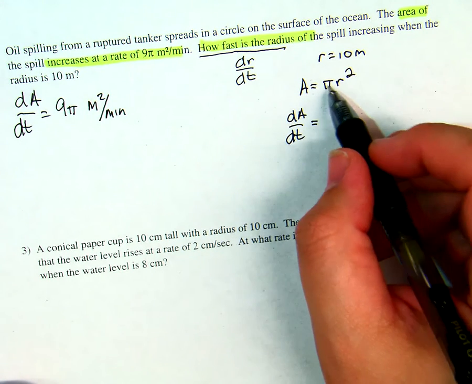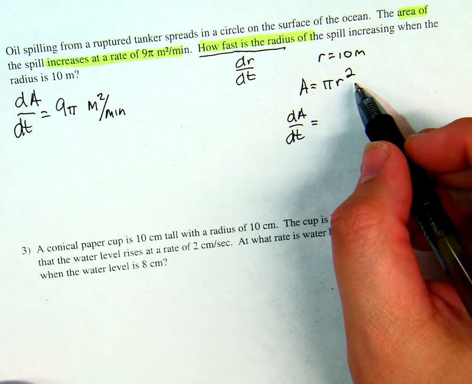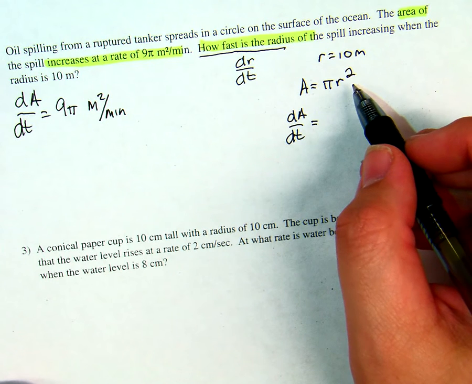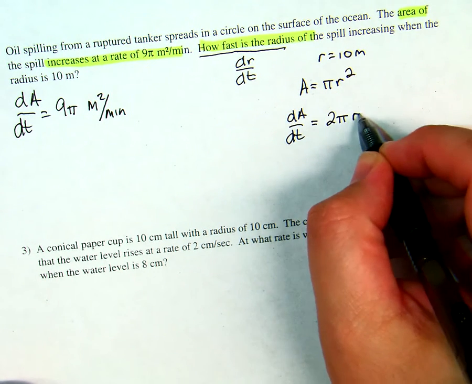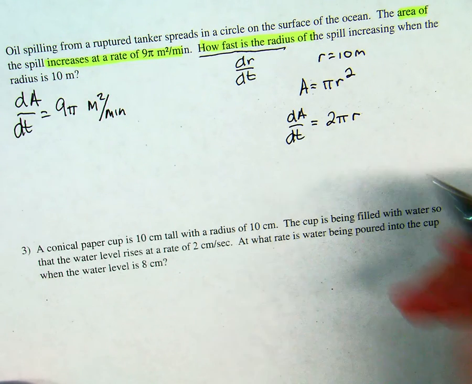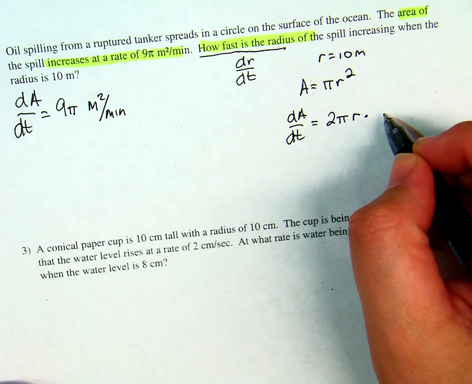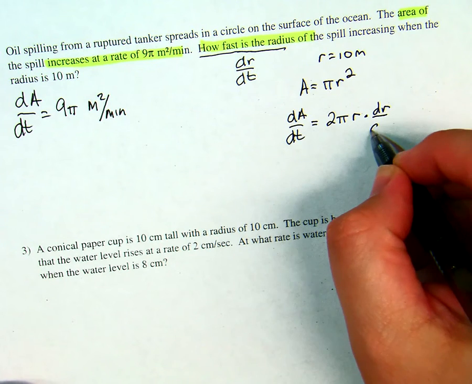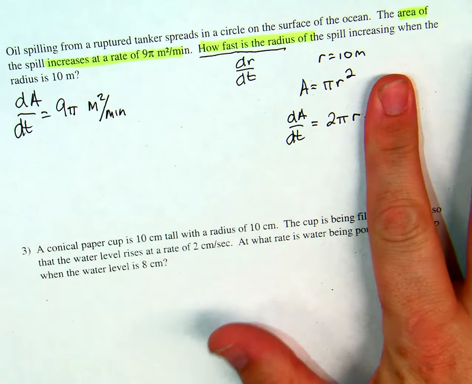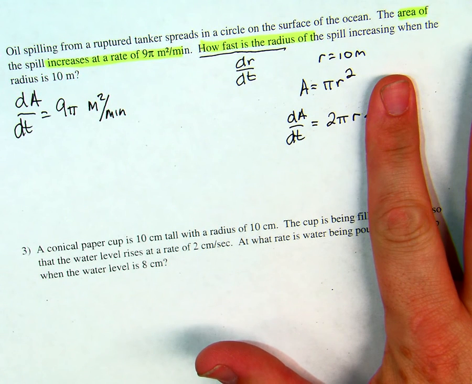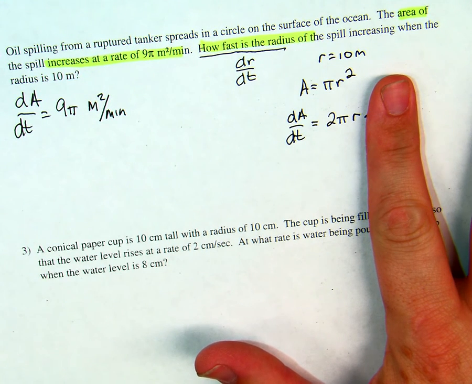Now, pi is a constant, so I just care about the derivative of r squared, which is 2r. So I'll get 2 pi r, because I put the 2 in front of the pi. Now, chain rule: dr dt. Every single time, you're going to end up using a chain rule. Now, look at the derivative of the area: 2 pi r is the circumference of the circle.